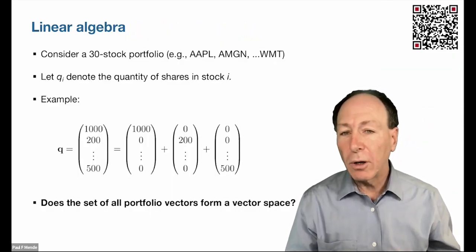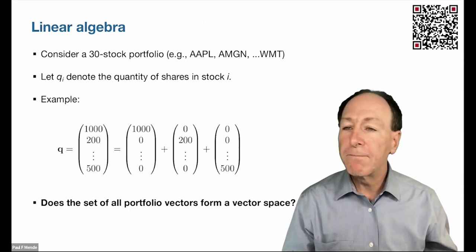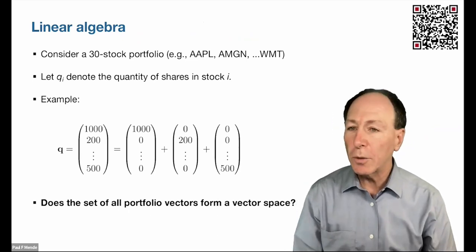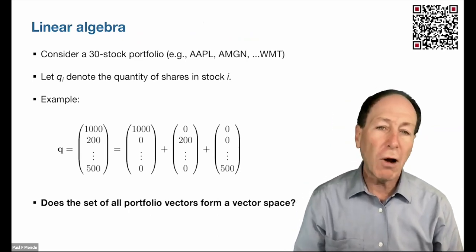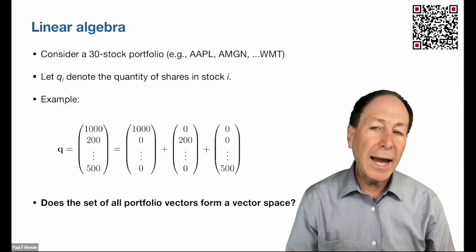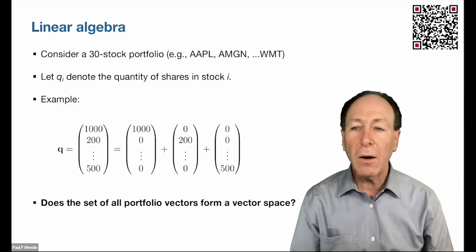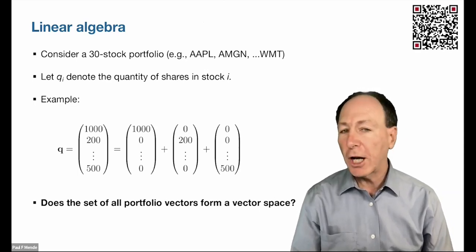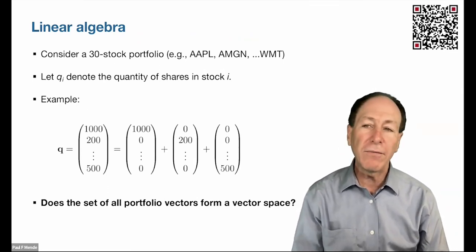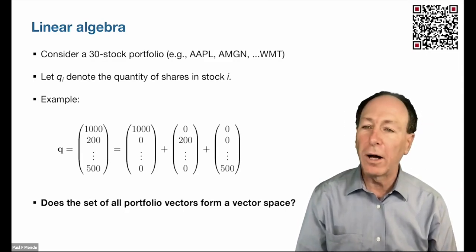Last thing I'll mention, or I'll mention two more topics quickly, which are linear algebra. So we use linear algebra as a standard tool for describing portfolios, for describing lots of variables. And there's a very natural way that we would do it. For example, if you have a 30 stock portfolio, you could think of the number of shares you have in, say, Apple as the first component of a 30 component vector, the number in Amgen is the second component, and so on.